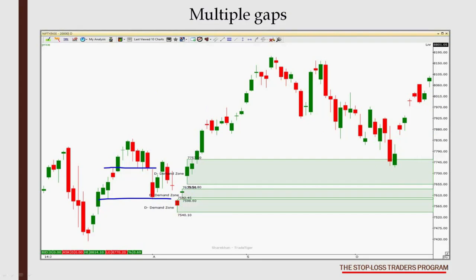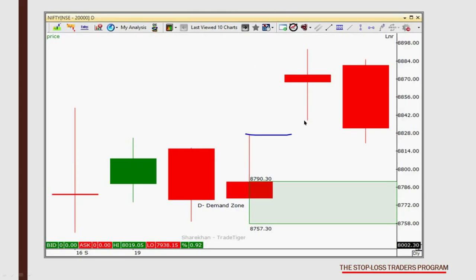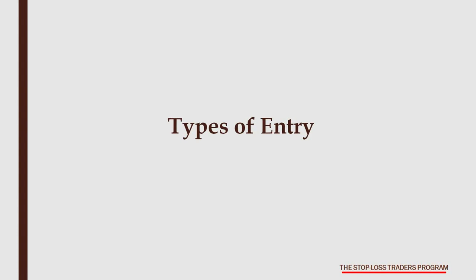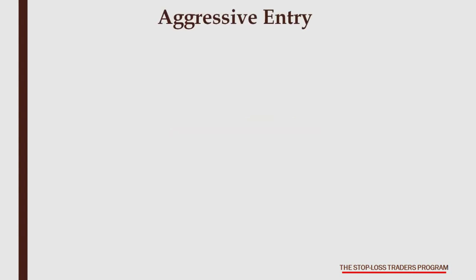Now there are a few exceptions to marking a demand zone and a supply zone. What are those? Now hear this very clearly. If the wick of the move-in candle or move-out candle at a supply zone is above the consolidation candle, or in case of a demand zone, the move-in or move-out wick is below the consolidation candle, then you need to cover the wick while marking your zone.